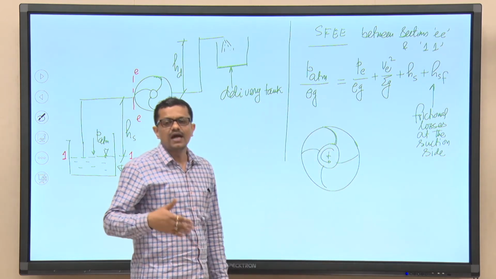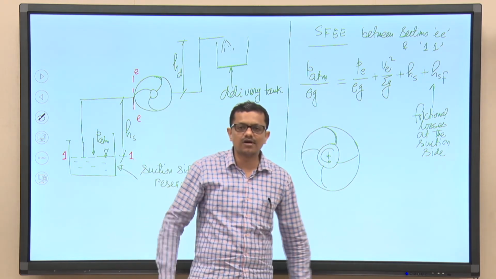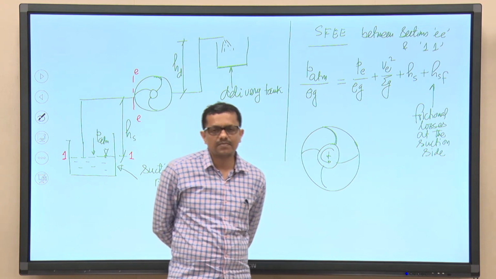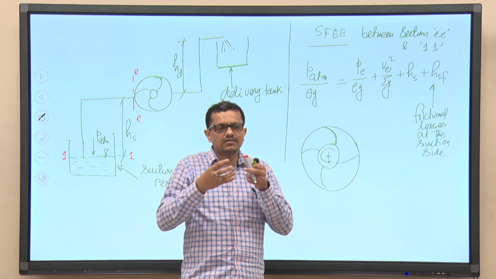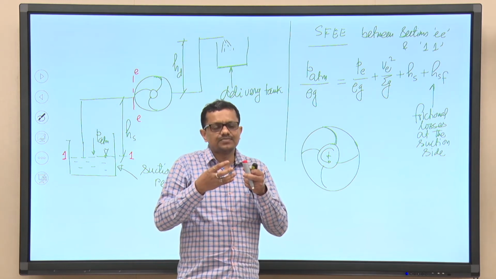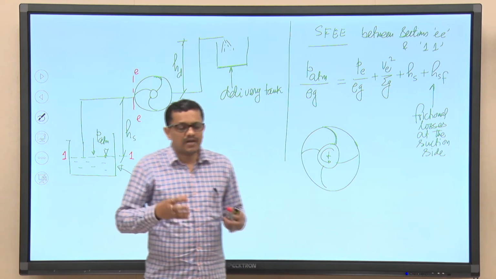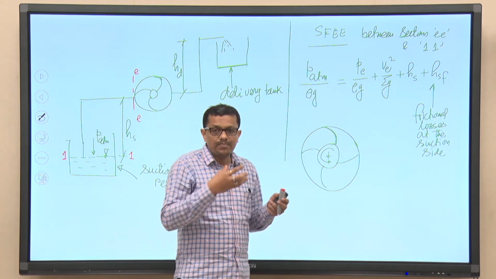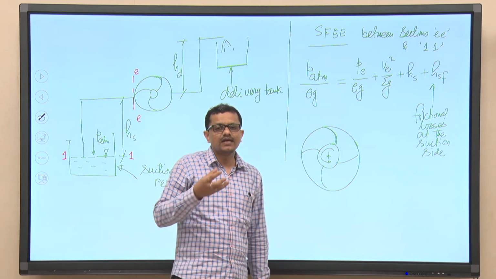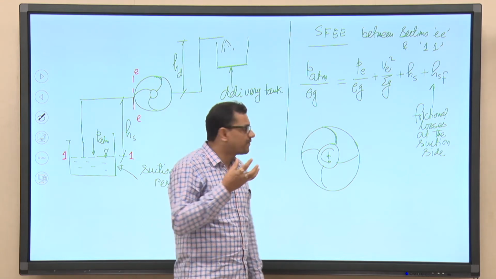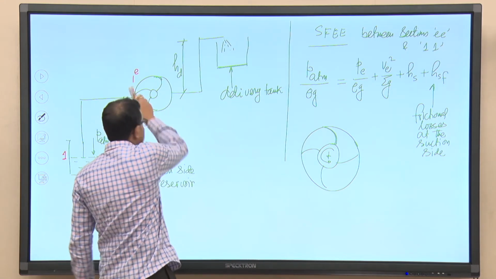Also there will be other losses due to the presence of strainer, bends, valves. So the presence of valves, bends and frictional losses will definitely deduct the amount of head which is available at this location.